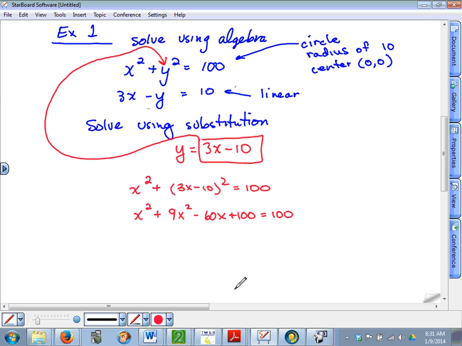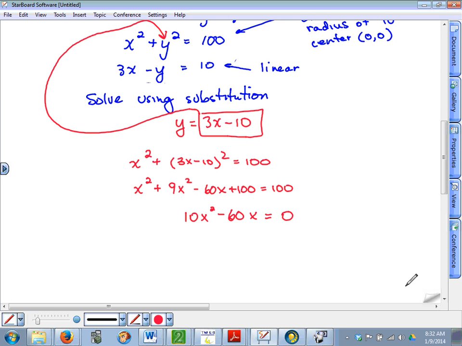So (3x minus 10) to the second power expands to 9x squared minus 60x plus 100. So then we have 10x squared minus 60x is equal to 0. Just subtract 100 on both sides.